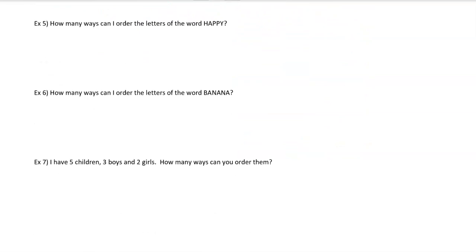Now we're going to talk about rearranging the letters of a word. In this example, we're ordering the letters of the word happy. There are 5 letters, and we're going to organize all 5 letters.